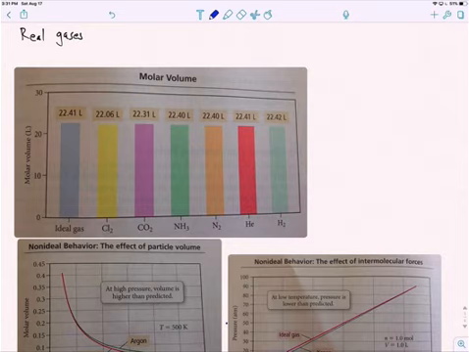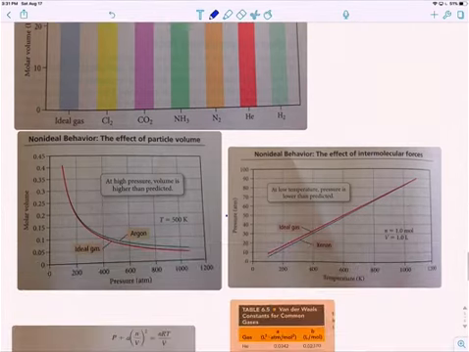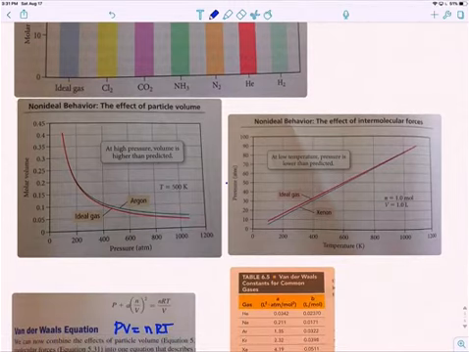But if you look at an ideal gas and then the molar volume of real gases, comparing at standard temperature and pressure, which is 0 degrees Celsius and 1 atmosphere, you can see here that helium is just about as good as you can get. So they behave that way. And then there's some non-ideal behavior, the effect of the particle volume.